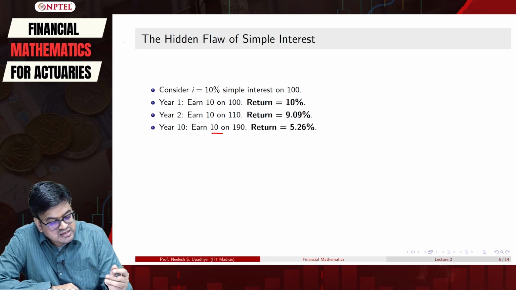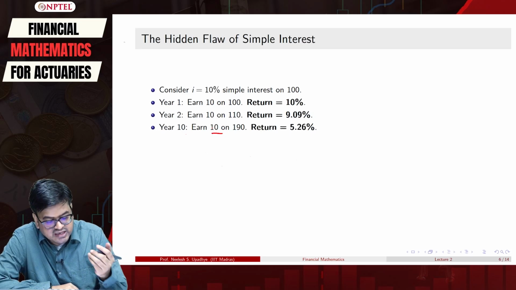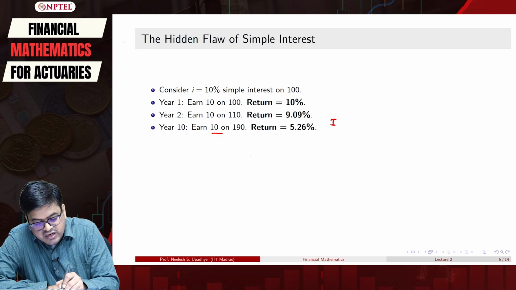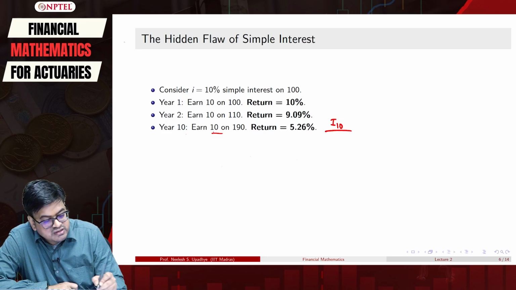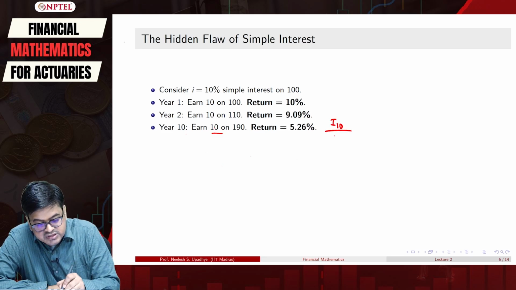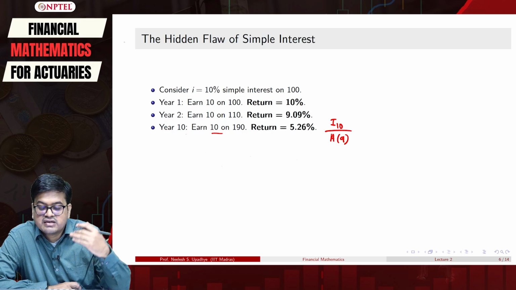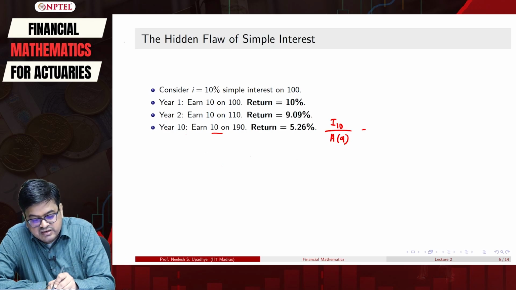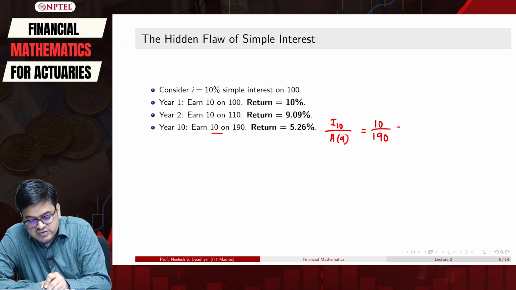You will still be earning 10 rupees on the 100 rupees that you have invested, and now your I10 will be 10 rupees, and it will be compared with the capital that you had at the end of the 9th year, which is A9, and that will give me 10 upon 190, which is equal to something like 0.0526.